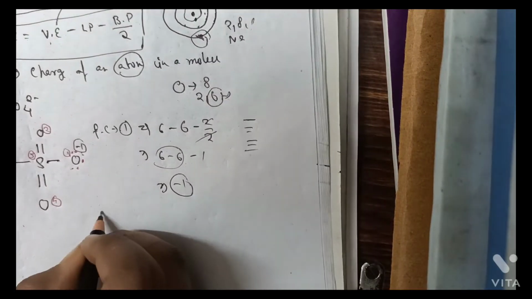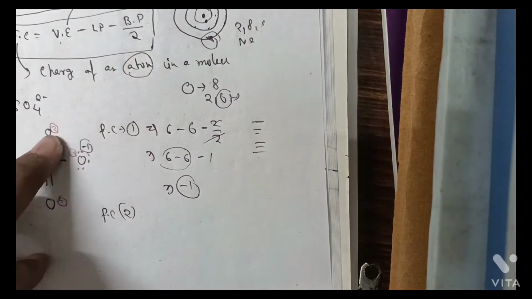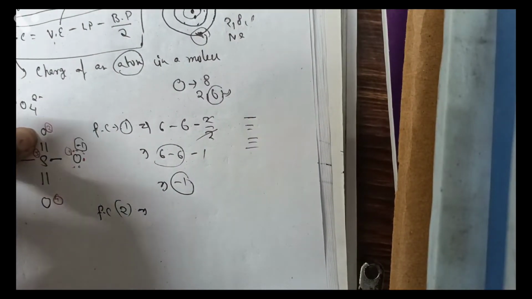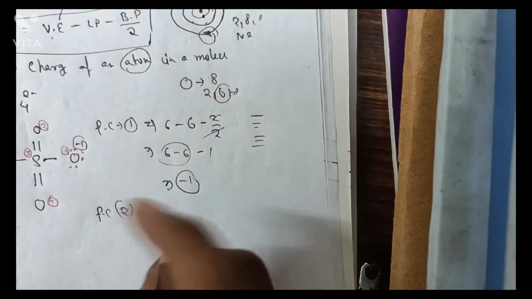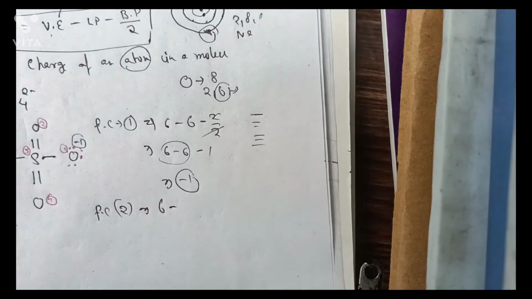So let's find the formal charge on atom 2, this oxygen atom. Same as before, it is an oxygen atom, so its valence electron is 6. Now for lone pair, we have to find how many electrons are not taking part in bond formation.